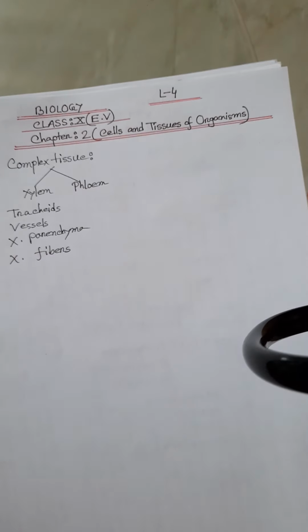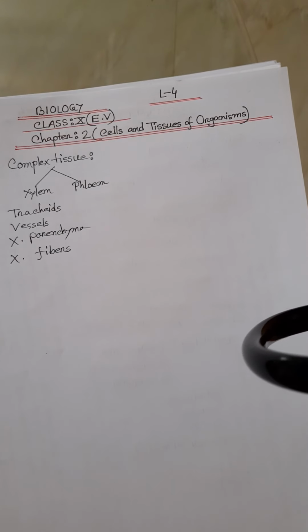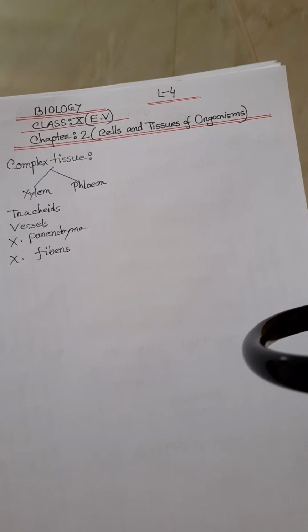So xylem consists of four types of cell. Tracheids are elongated cells with cylindrical, sharpened ends. After lignification, their lumen may become narrower, and in that case transportation of water occurs mainly through the lateral paired pits of their walls.